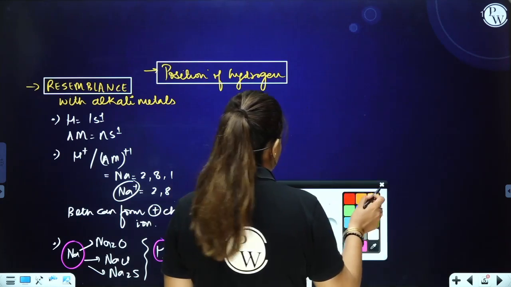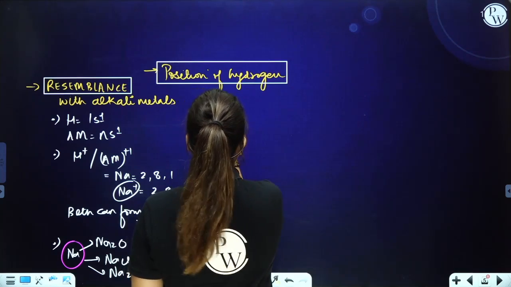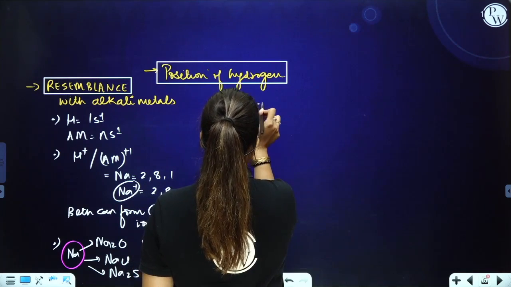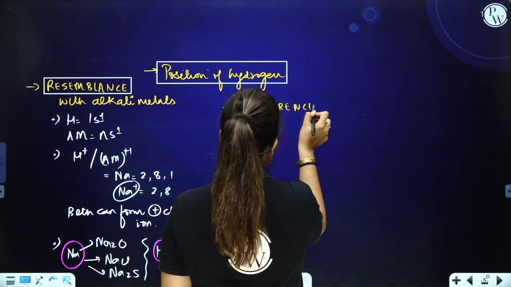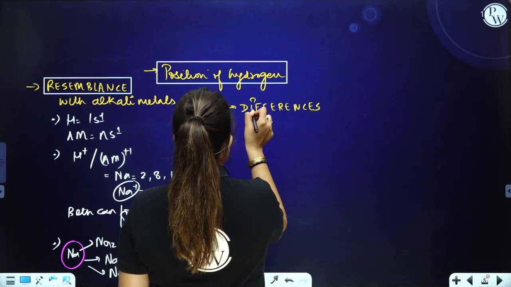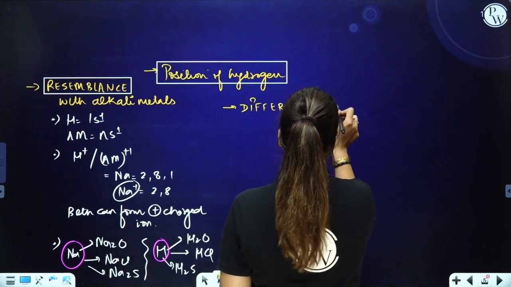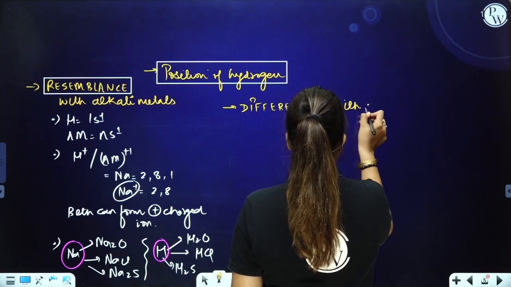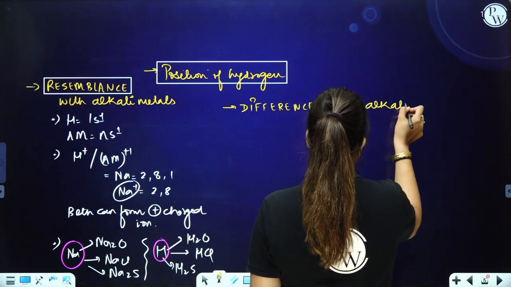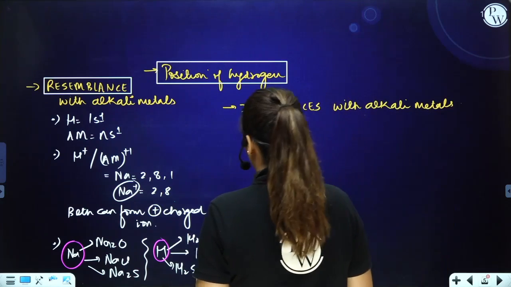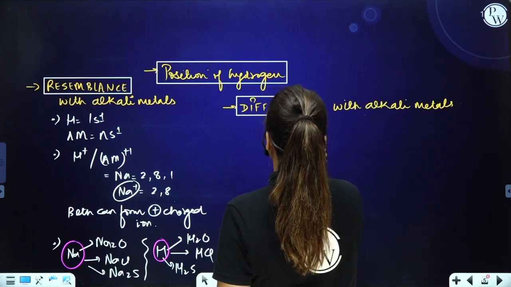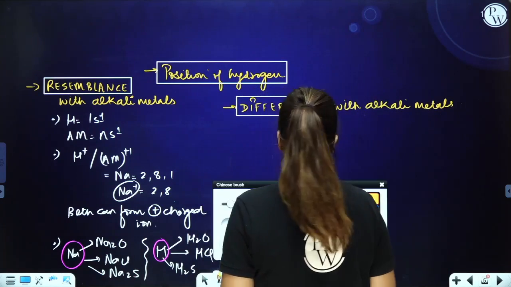So what are the differences? If there is resemblance, there are differences also. Differences with alkali metals. What all differences are present?